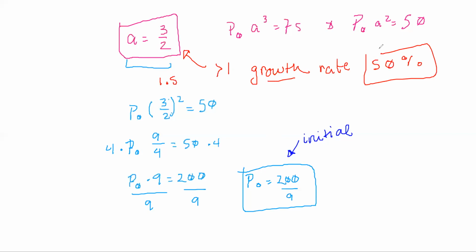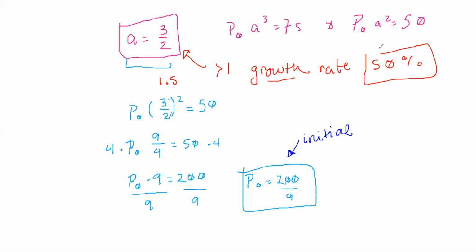And that is question 20. So we do some algebra to find out what a is, and then we use a to find p naught, and then we use that information to determine the initial value, and we can use a to determine the growth rate.